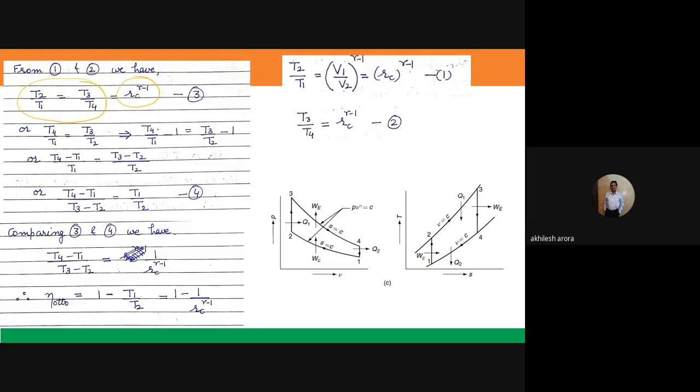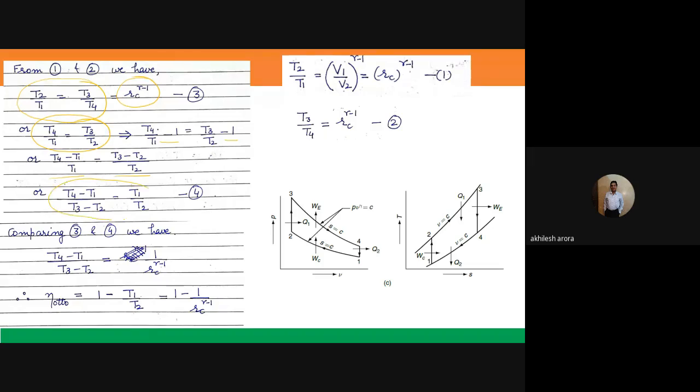Taking this, I have subtracted 1 from both sides, and finally I get T4 minus T1 divided by T1, T3 minus T2 divided by T2. Then I can rearrange it, and I will get T4 minus T1 divided by T3 minus T2 equal to T1 by T2.